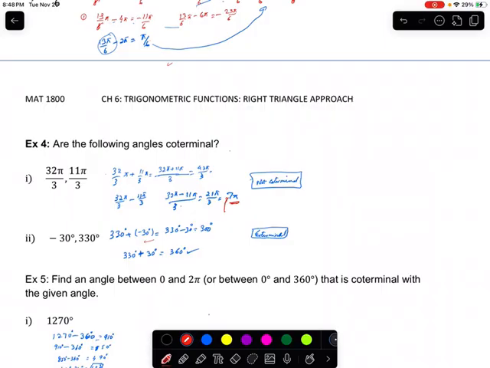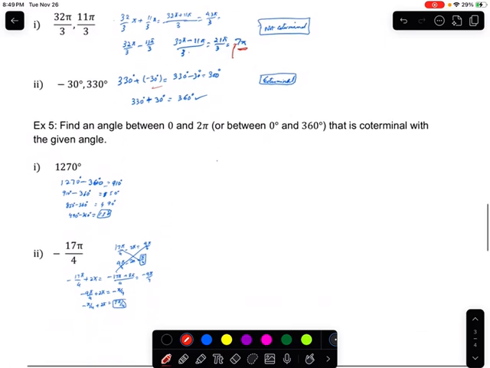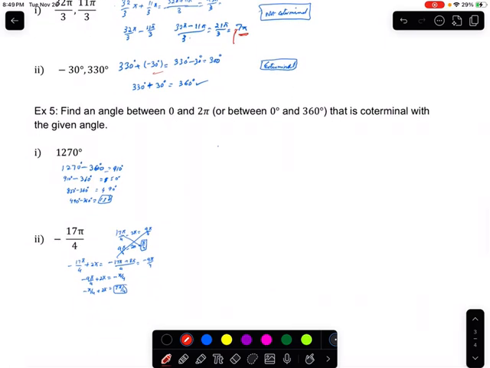To find coterminal angles, we add or subtract multiples of 2 pi. Here we do the same thing: if the number is positive, we subtract multiples of 2 pi, and if the number is negative, we add multiples of 2 pi.